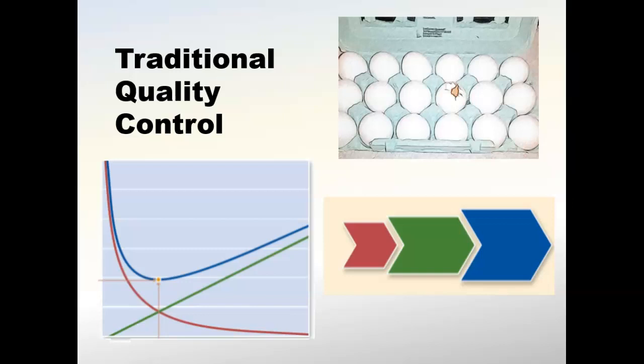And then for transformations, quality management efforts would entail inspecting work in process for conformance using control charts as a quality method. And finally, for outputs, quality management efforts would entail inspecting finished outputs for conformance using acceptance sampling as the quality method.